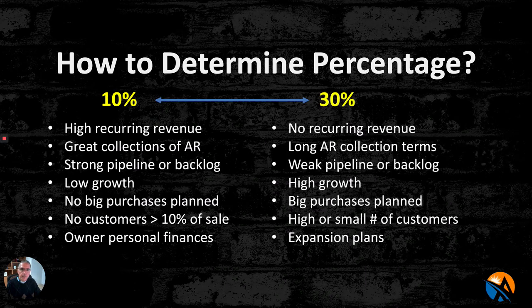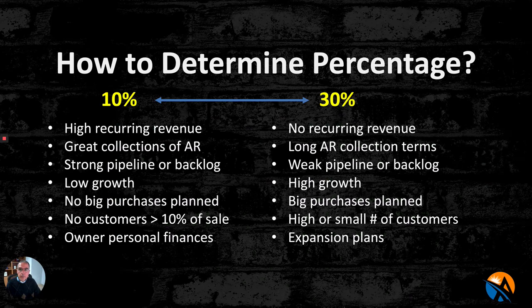So on the opposite side, the 30% is kind of the opposite of the 10. It would be where you don't really have a lot of recurring revenue, your AR, you may have to give customers long terms, the pipeline may not be that strong, or you're growing really fast and you're needing a lot of cash to fund that expansion, or you have big purchases that are planned.